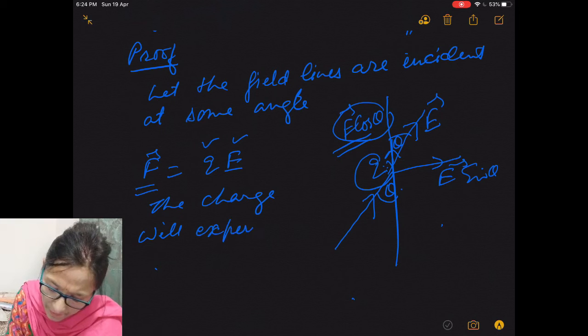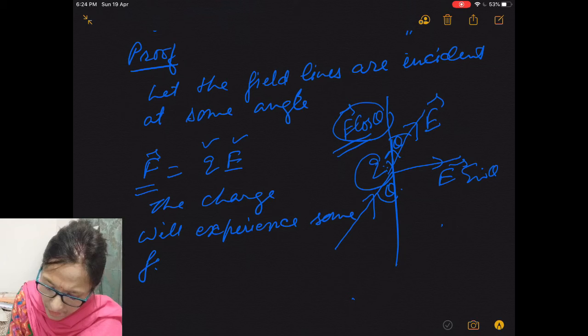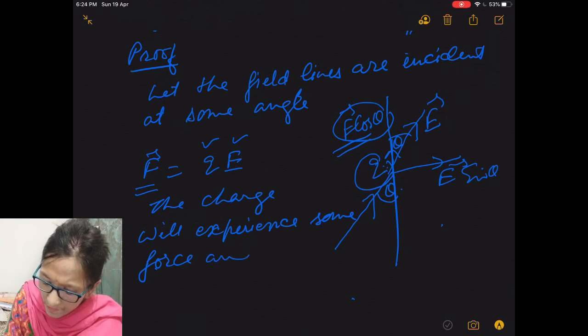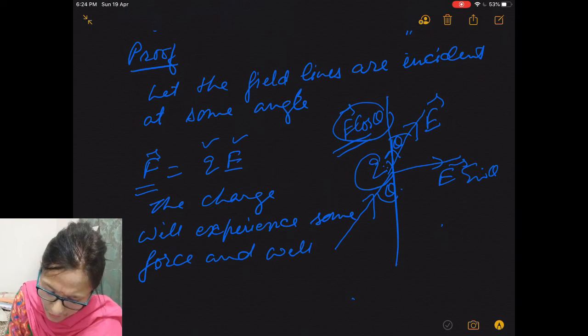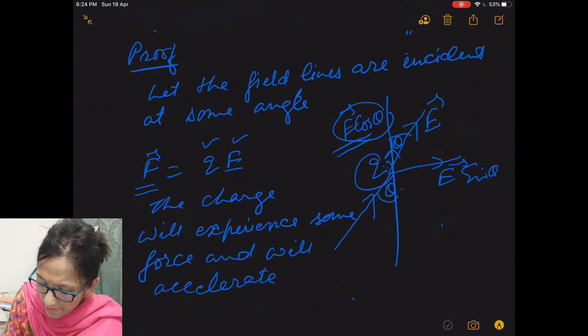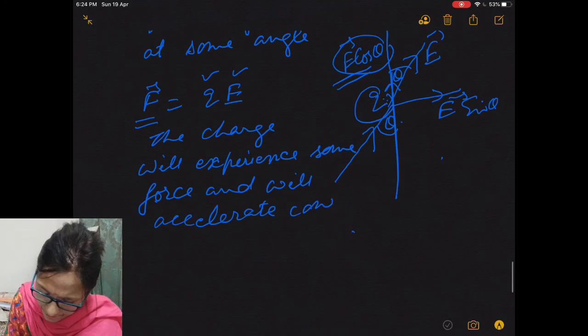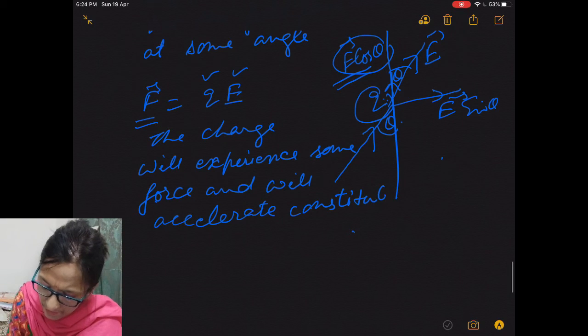If charges are there and electric field is there, obviously the charge will experience some force and will accelerate, constituting current.